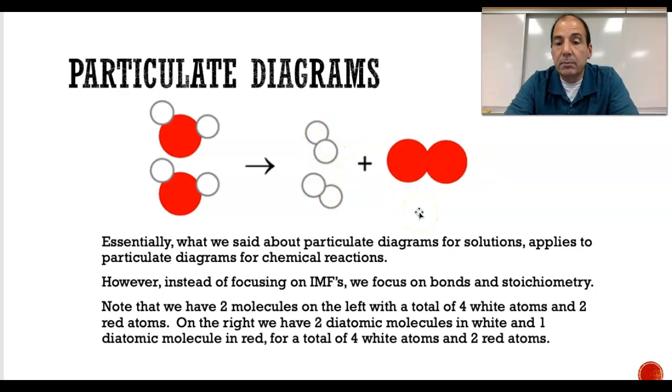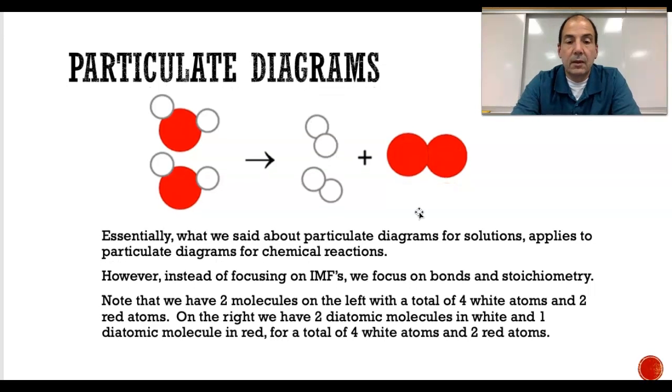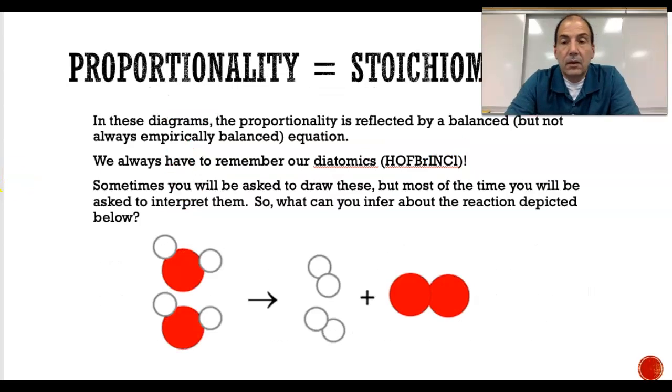And that is another important thing you need to remember here. You got to keep track of your diatomics. Hydrogen, oxygen, fluorine, bromine, iodine, nitrogen, chlorine, Hofbrinkel, and you got to know it.